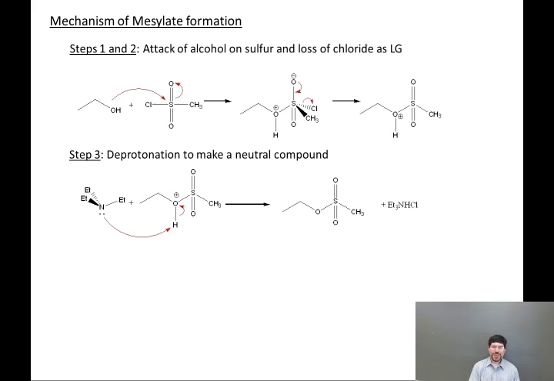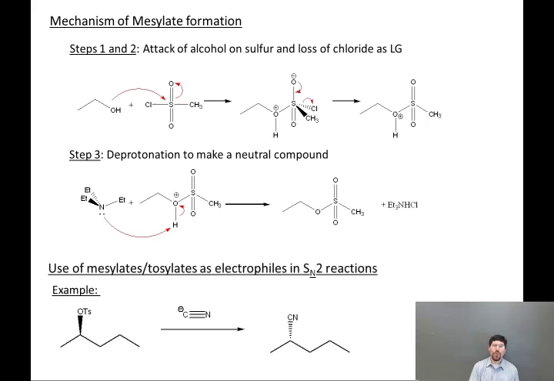Now, once we have the mesylate or the tosylate, what do these reagents do? Well, they now serve as electrophiles in SN2 reactions. An example using a tosylate this time around, using the OTs abbreviation that I clued you into on the previous slide: we have CN- as a nucleophile coming in.